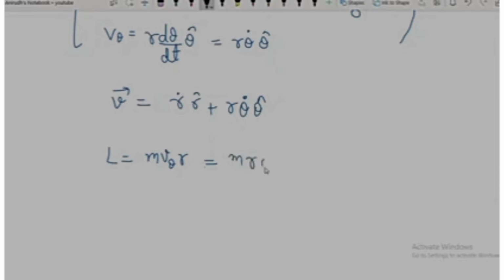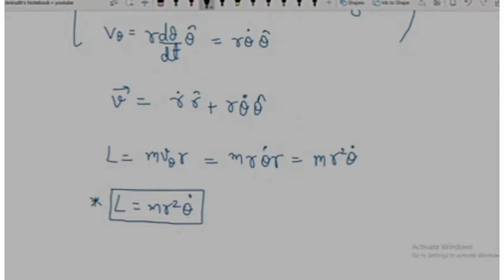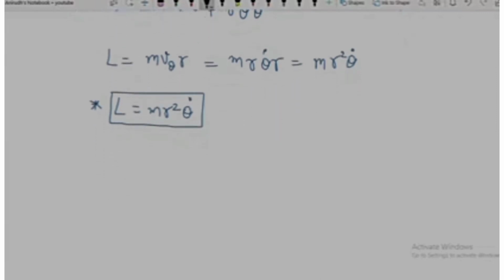So we can write m r theta dot into r, that is equal to m r square theta dot. Now it will be clear that angular momentum is equal to m r square theta dot. This is the final expression. This formula will be used in so many numericals, so it is a very important formula.